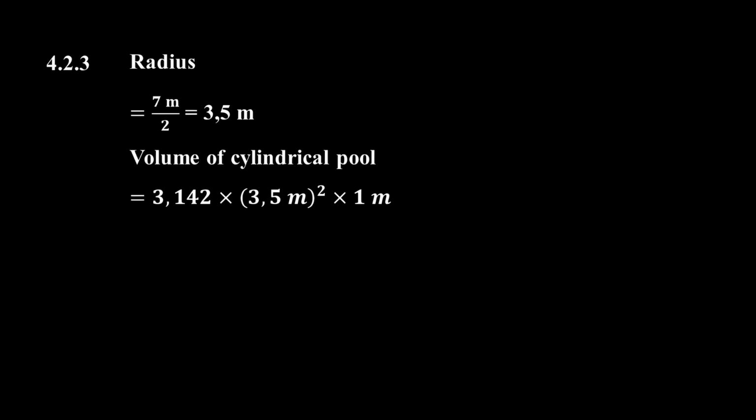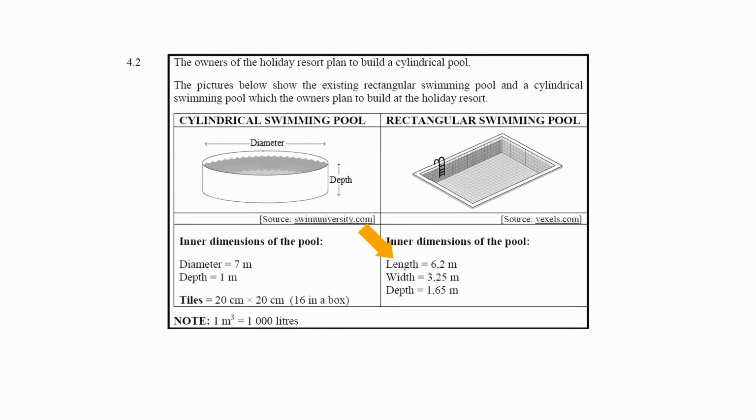Substituting the values of the radius and the depth into the cylindrical formula will give us 3,142 multiplied by the radius of 3,5 squared multiplied by the depth of 1 meter, and this equals 38,4895 cubic meters.